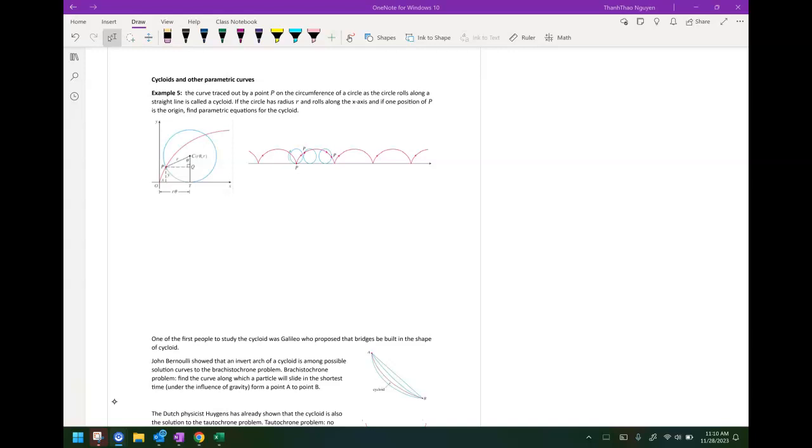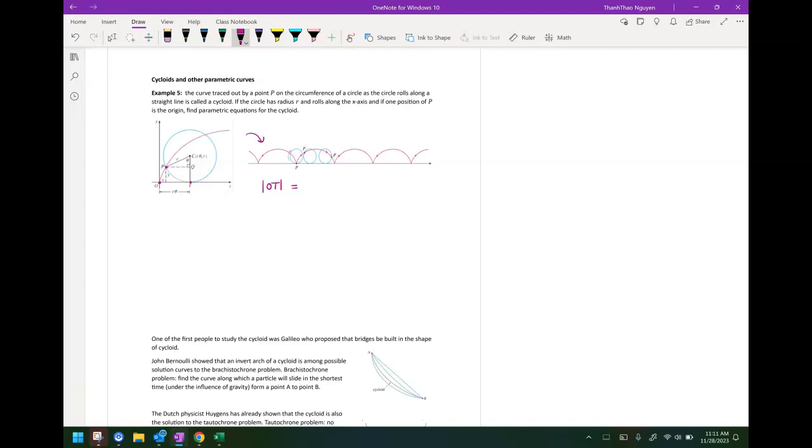Suppose that the circle has rotated through theta radians. Because the circle has been in contact with the line, we can see in this picture that the path is being rolled out in this manner. This is the path of that point P. Well, then the distance OT, this distance here, is equal to the arc PT.